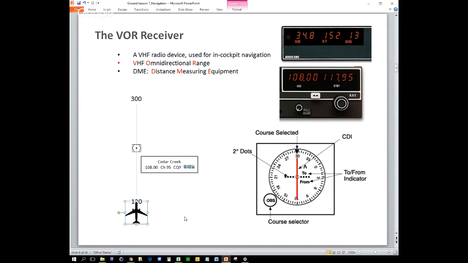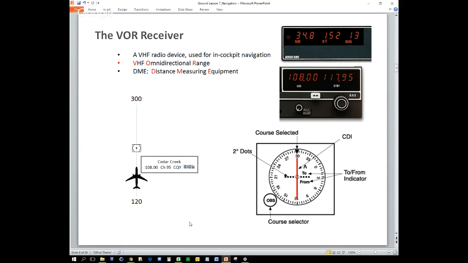So while you're on that perpendicular line on that side of the VOR, your radio is going to receive the number 120. If you're above it, you're going to get the number 300. So that's how it knows what radial you're on. Now, if you tell it that your heading is 300, but you're on the 120 radial, then it's going to say you're heading to 300, regardless of what direction the plane is on, because you're on the 120 radial, but you've told it that you're heading toward the 300.